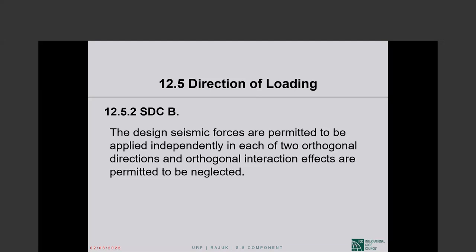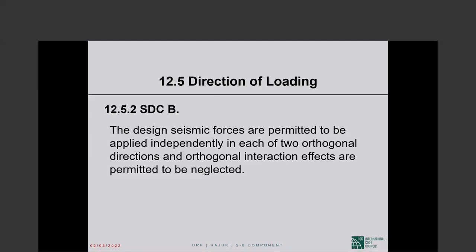So if you have a design category B building and you don't consider these orthogonal effects, you will be fine.